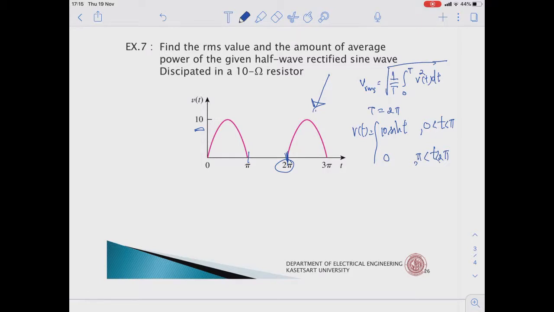So VRMS square is equal to 1 over T integrate from 0 to T Vt square dt.